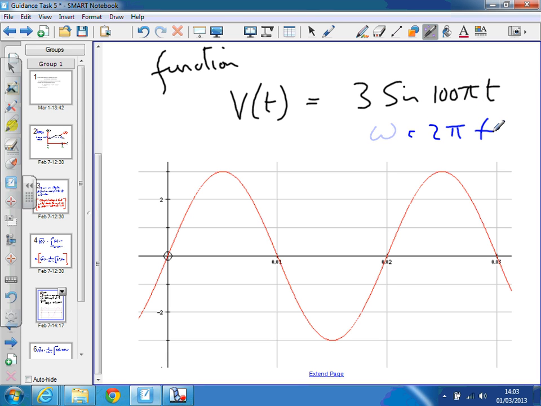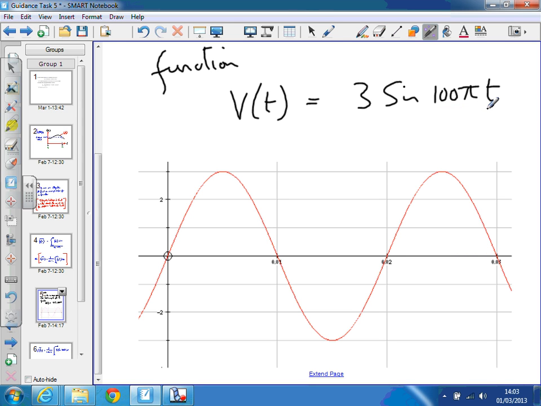So we can come up with a value for the frequency, and the period of the wave is 1 over the frequency, and this is the period here. So as a little extension question, we could verify that this wave function has a period of 0.02 seconds. However, let's just look at it and then find the average value for this function.